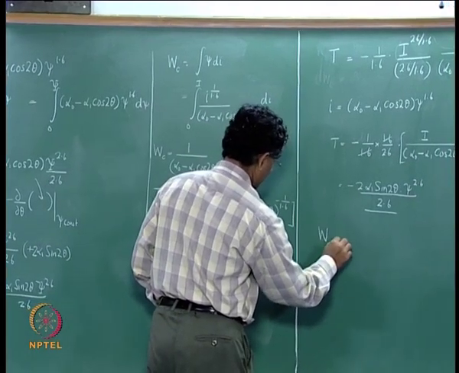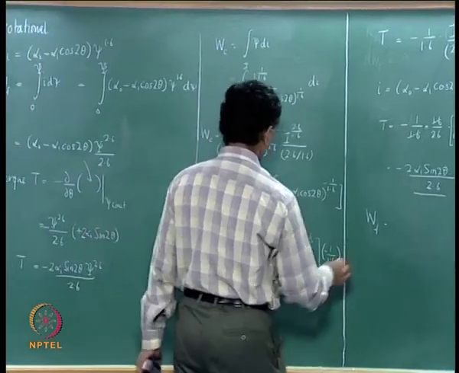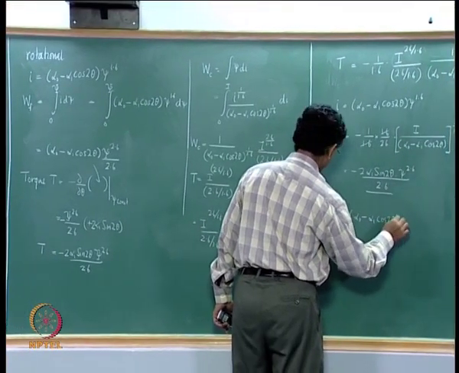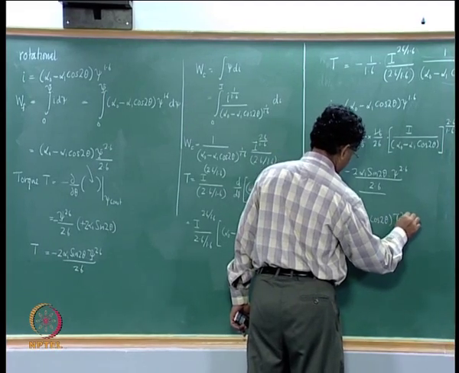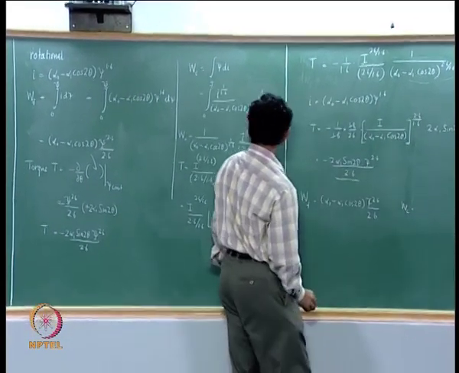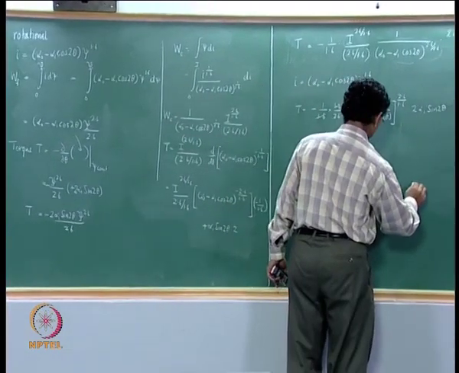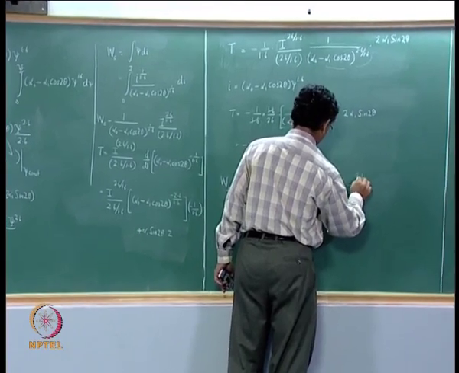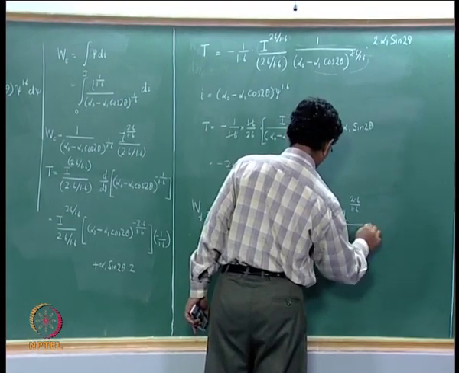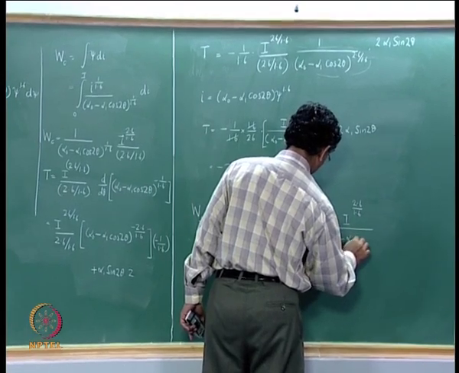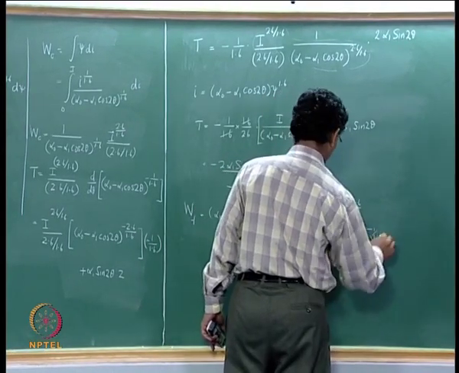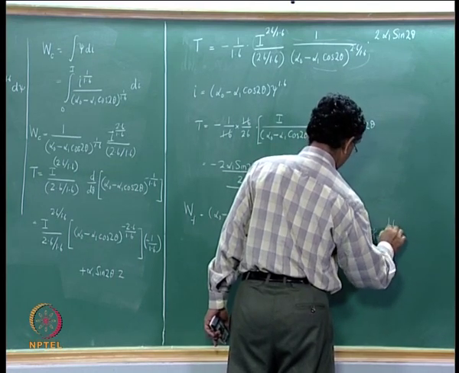We would like to see one more thing. The field energy is given by alpha naught minus alpha 1 cos 2 theta multiplied by psi to the power of 2.6 by 2.6, and the co-energy is given by this expression: I to the power of 2.6 by 1.6 divided by alpha naught minus alpha 1 cos 2 theta to the power of 1 by 1.6, into 1.6 by 2.6.